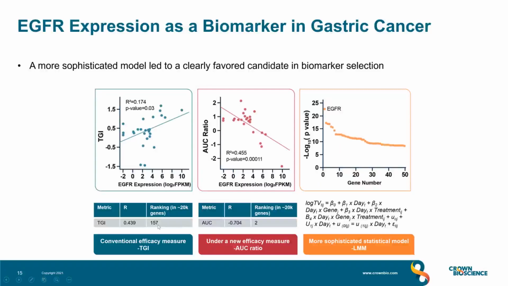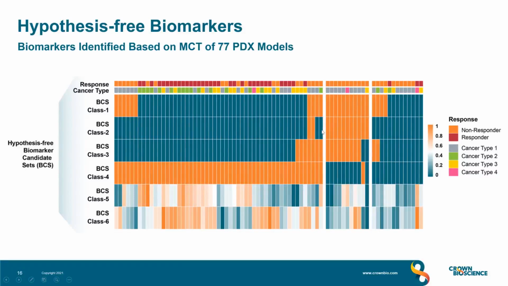But there are 156 genes with better correlation. When using AUC ratio, we see that EGFR goes up to second place with a much stronger correlation. Finally, when we step up to a linear mixed model, EGFR becomes the unchallenged top pick. So, more sophisticated methods do lead to a clearly favored candidate in biomarker selection.